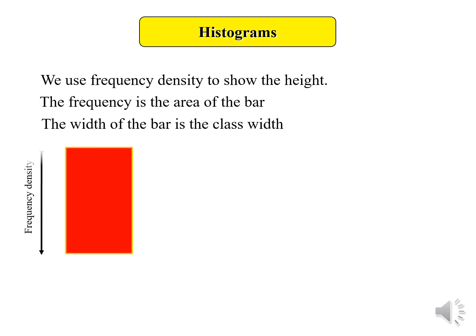Just look at this rectangle. This rectangle is used as one single bar. The length of this bar is the frequency density, and the width of this bar is the class width. Hence, the total area, shown in orange, is the frequency itself.